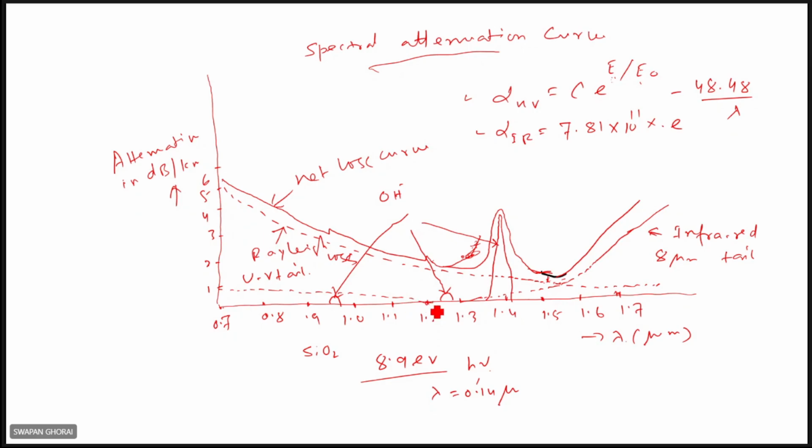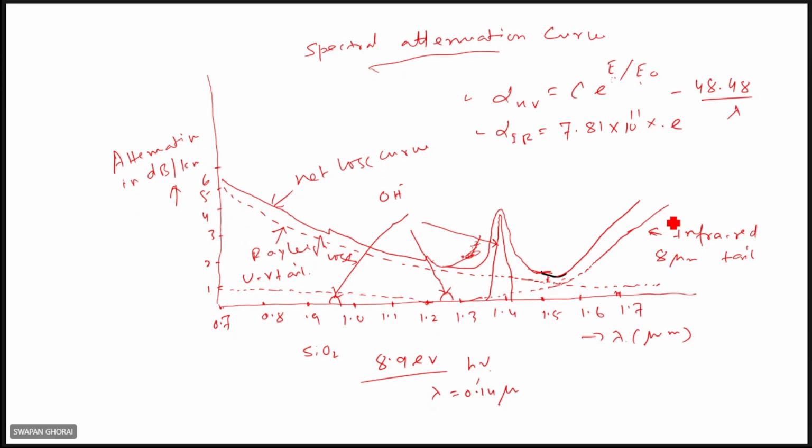This is because of the transition of electrons from the valence band to the conduction band when the photon energy is quite high, in the UV regions. The ultraviolet region has a maximum peak at 0.14 micron, but it gradually decreases toward the longer wavelength side. On the contrary, the infrared tail increases in the far infrared regions.